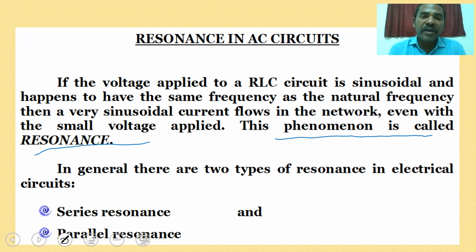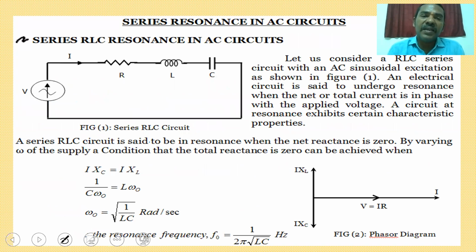While going for the series condition of resonating AC circuits, I have taken R, L, C connected in series with an AC voltage of V volts. A current of I amperes will flow through the circuit.